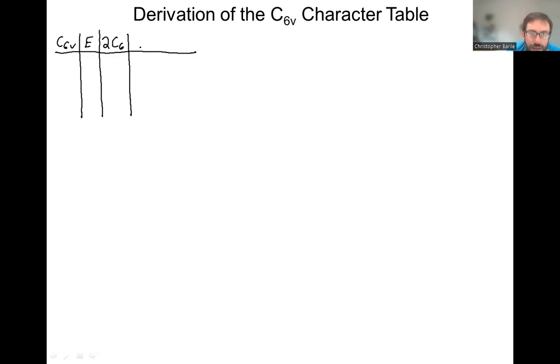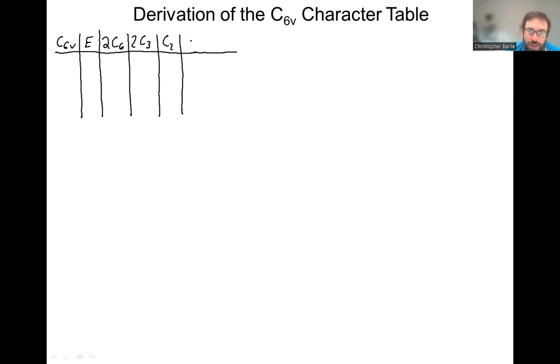And then we have our 2 C3s. And then we have our C2. At this point, where you put these doesn't really matter. And you can swap these columns in any way. It doesn't actually matter, but this is sort of the most standard way.